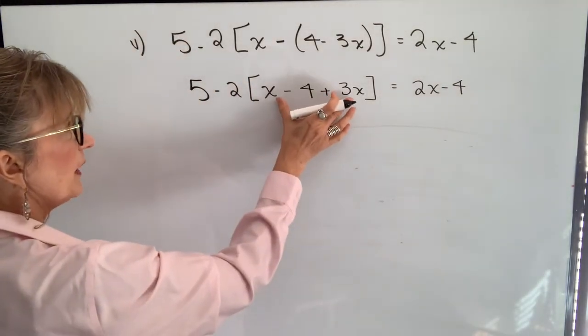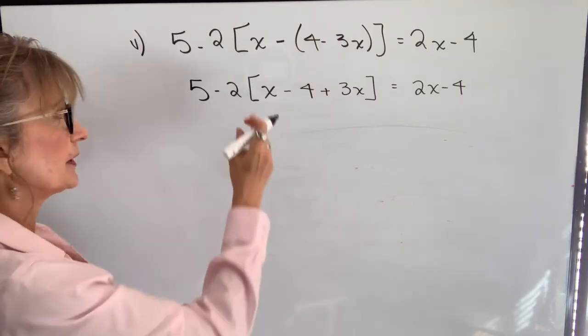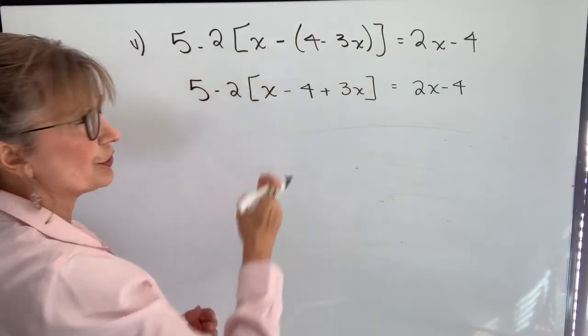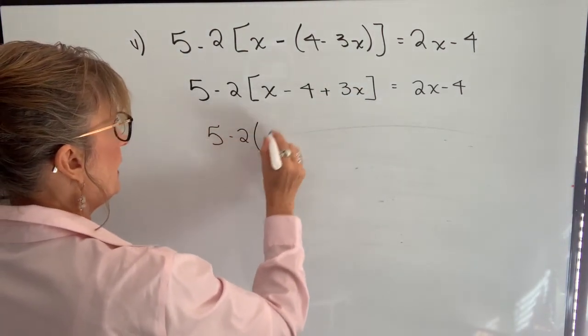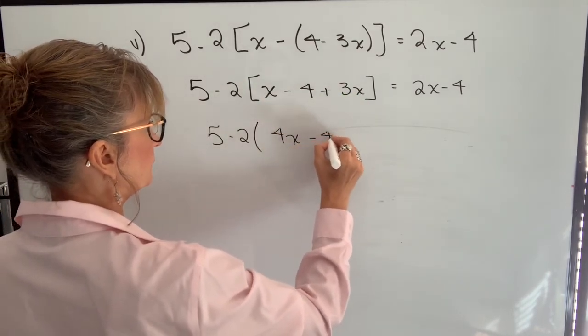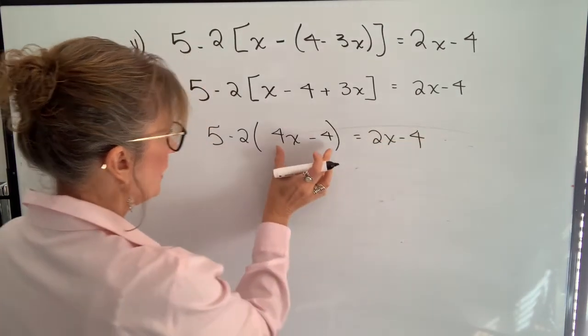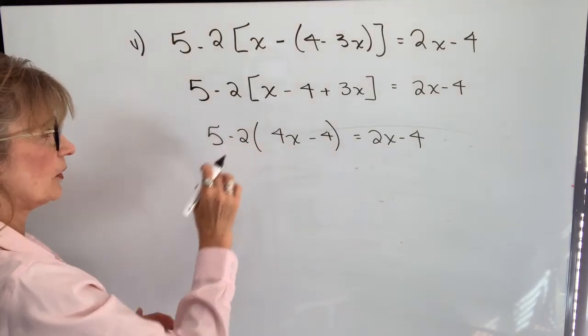Now I can simplify within those brackets, so I might do that first. I just find that much easier than starting to apply other operations and having more terms than are necessary. So I'm going to simplify that. I'm going to have x plus 3x, which is 4x. I still can't touch either of these terms because they're in those grouping symbols, those brackets, and I have an operation to apply.